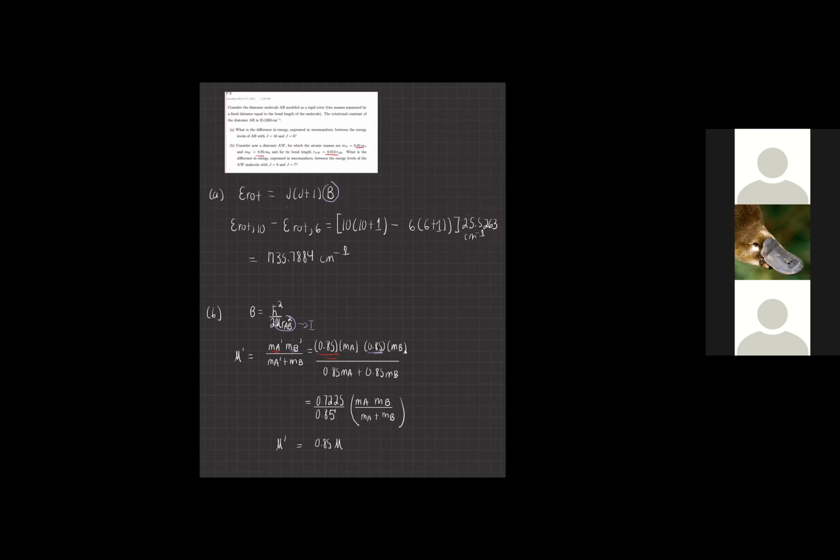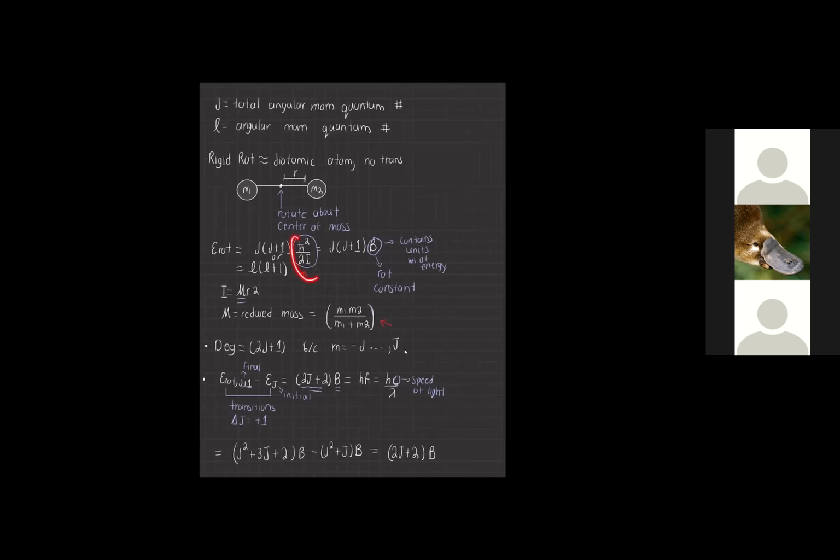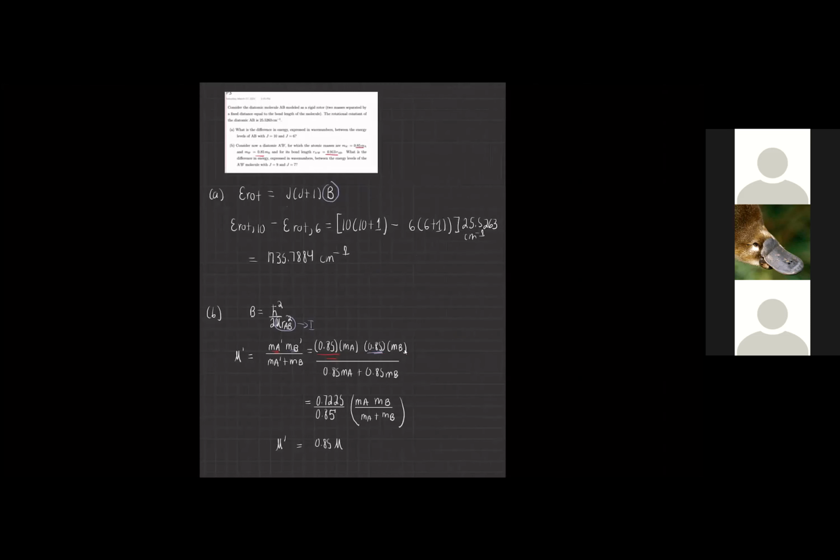Yeah, you can just factor out the B. B is the rotational constant, and B is equal to this here. B is in units of energy, so the units of the energy depend on the units of B. Basically B determines your energy, so you don't have to worry about conversion as long as you have B.